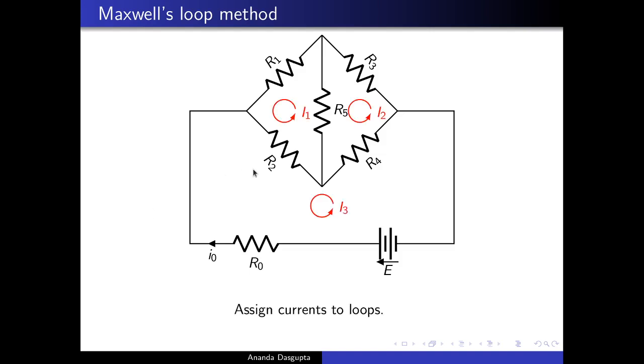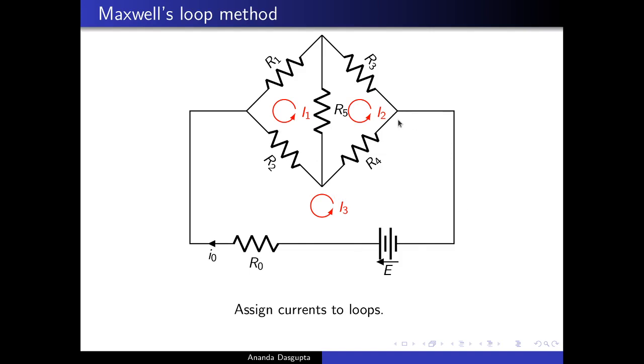So basically there are three loops that you can see in the circuit. The one when you go along R1, R5, R2. Another when you go along R5, R3, R4. By the way, as we have assigned the currents counterclockwise here, you are actually going around R3, R5, R4 here, and R5, R1, R2 here, and another loop which is R4, R2, R0, E, and crosses all the way and comes back.